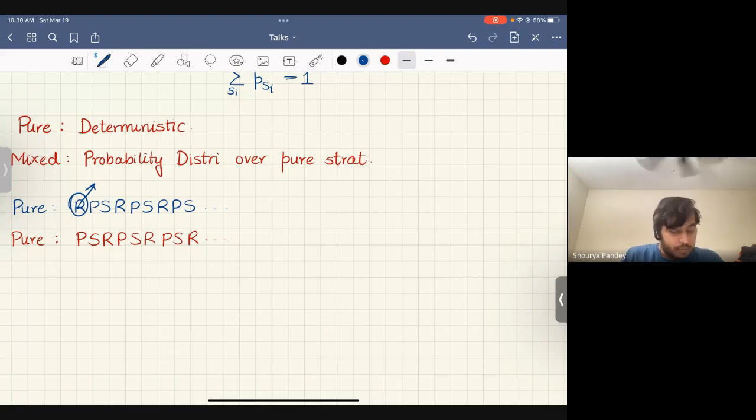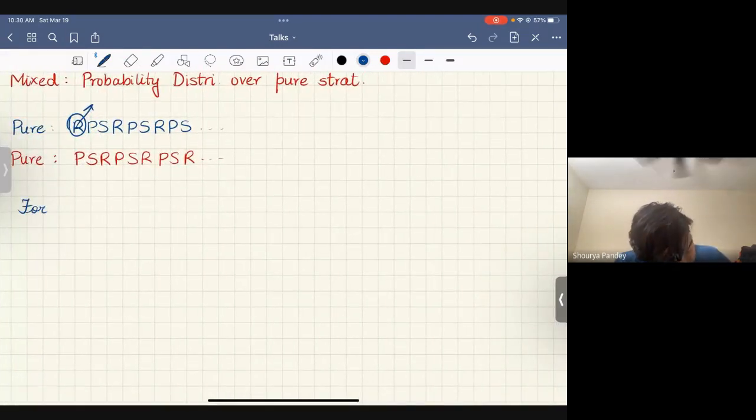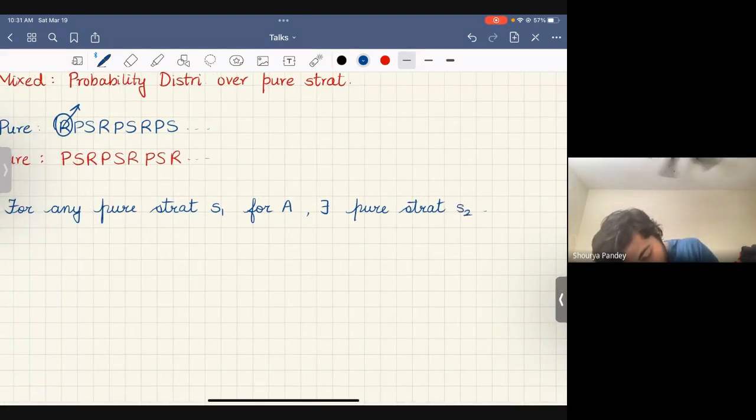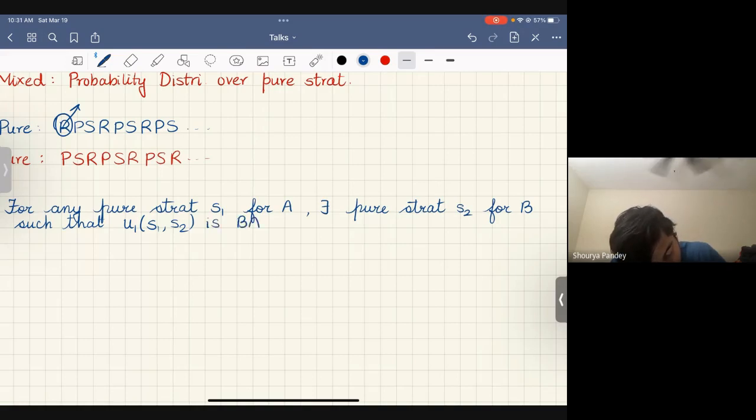So what I'm saying is that for any pure strategy for player A, let's call this S1, there exists a pure strategy S2 for B such that the utility of S1, S2 is bad, in this case for the rock, paper, scissors game.